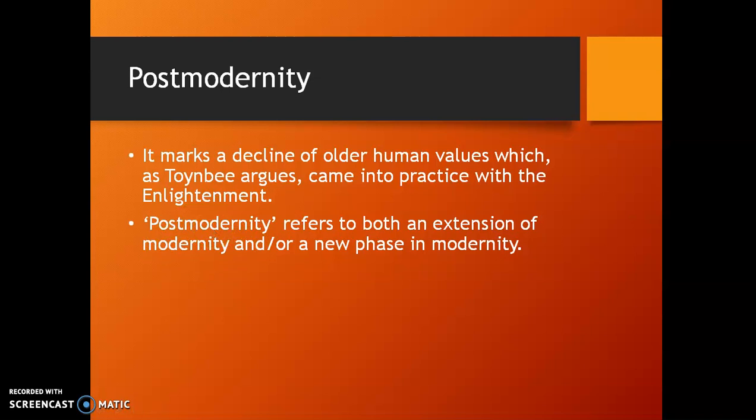Right, so you have to understand this very carefully. Postmodernity, there is no hyphen between post and modernity. And the absence of hyphen denotes the fact that this term postmodernity does not refer to any temporal departure. Rather, it's an extension of modernity.